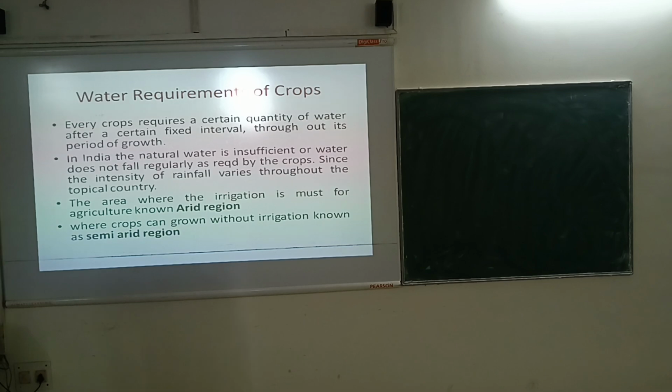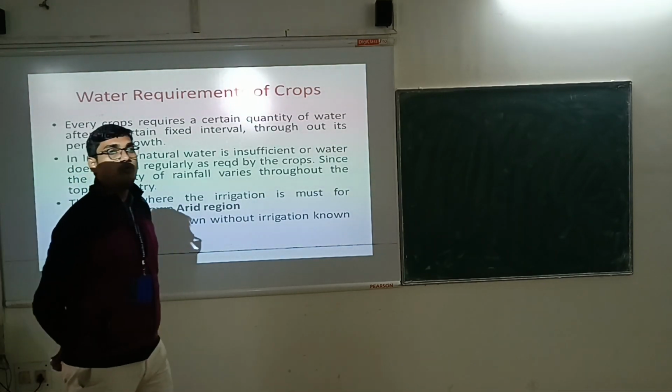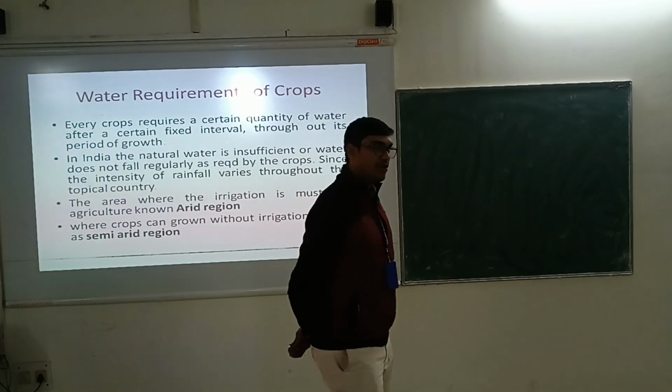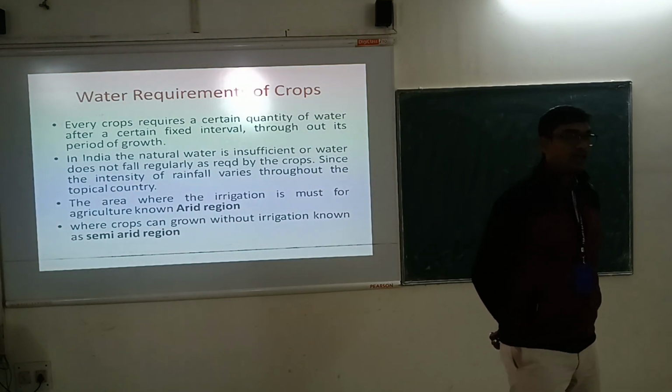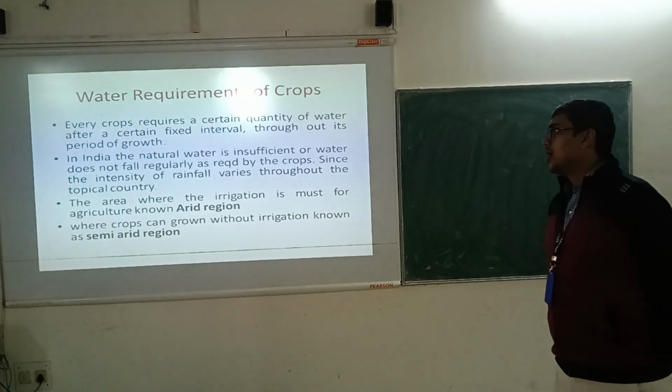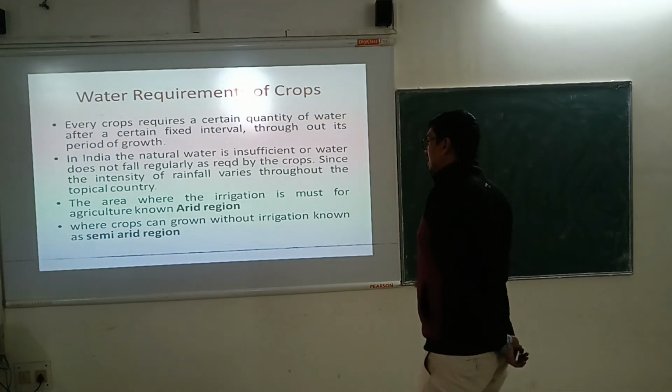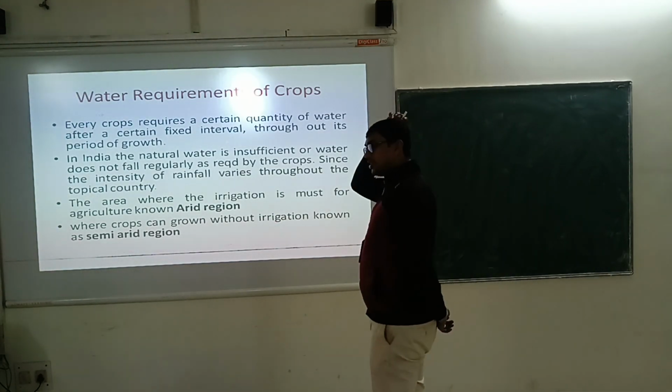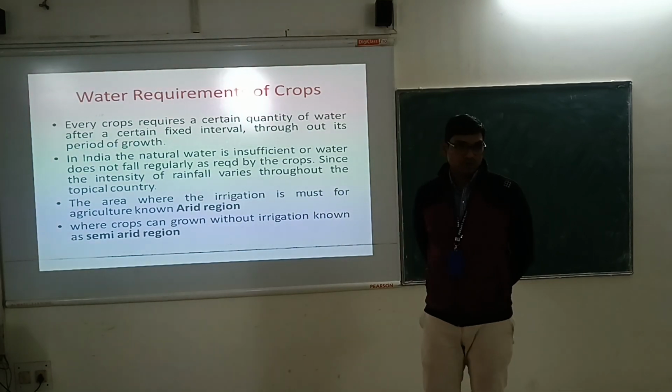Every crop requires a certain quantity of water. Each and every crop has a requirement of a certain quantity of water after a certain fixed interval throughout its period of growth.